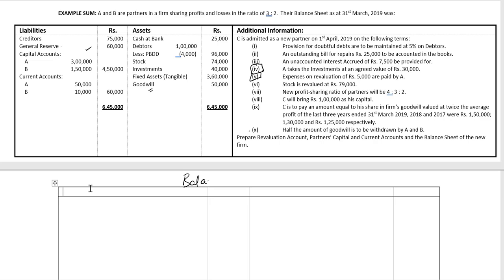Balance sheet as at 1st April 2019. Liabilities rupees, assets rupees. We'll begin with the liability side items. Creditors, ₹75,000.